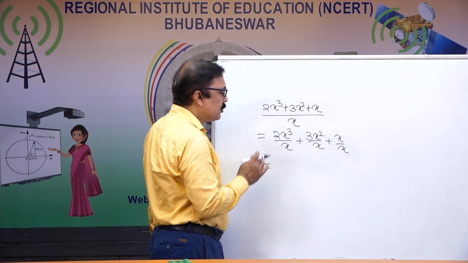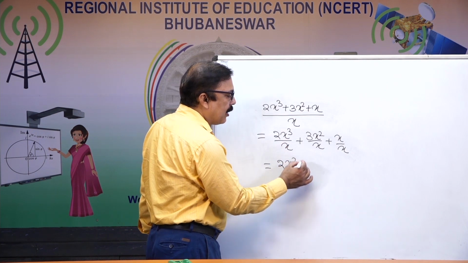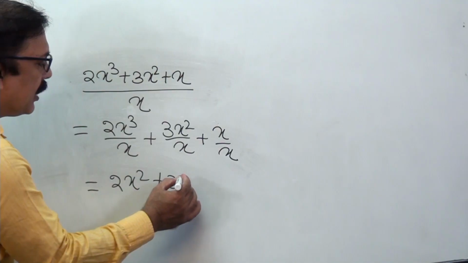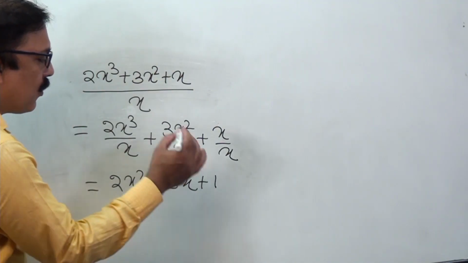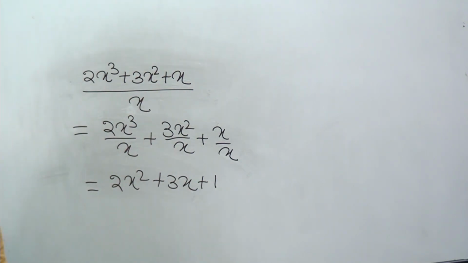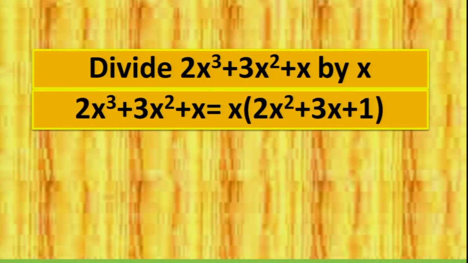This shows 2x cube by x gives 2x square, 3x square by x gives 3x, and x by x gives 1. So we can write 2x cube plus 3x square plus x as x into 2x square plus 3x plus 1.